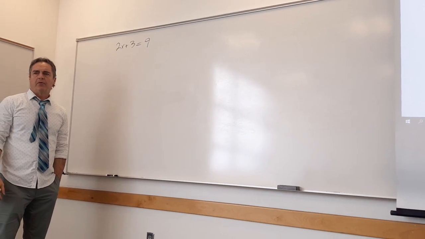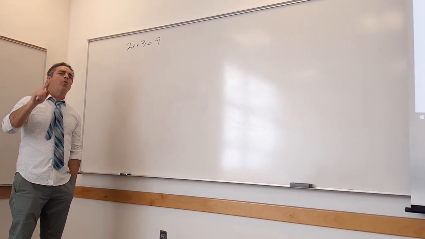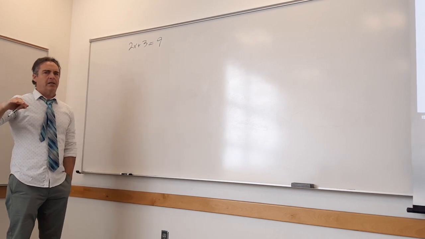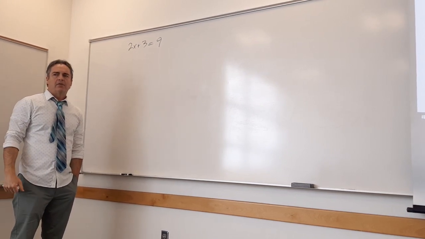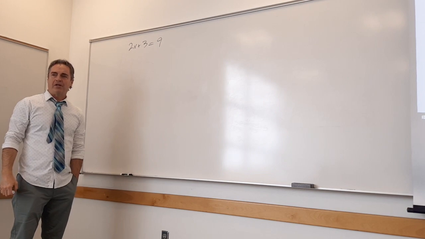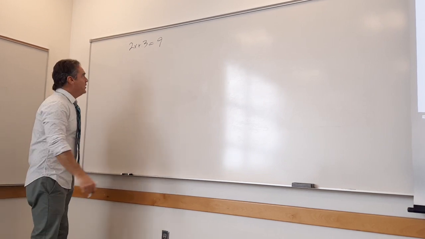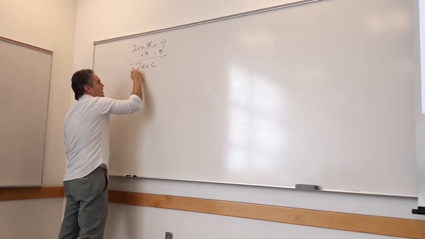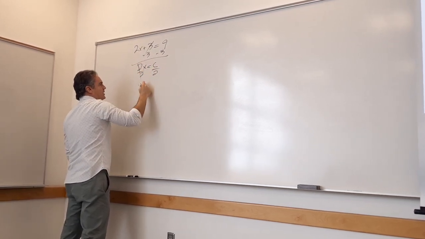How many variables are in this equation? One. Whenever you have a one variable equation, you have a blank or blank line. Horizontal or vertical? Horizontal or vertical. Very good. So if I solve this, subtract 3, I get 2x equals 6, divide by 2, and I get x equals 3.